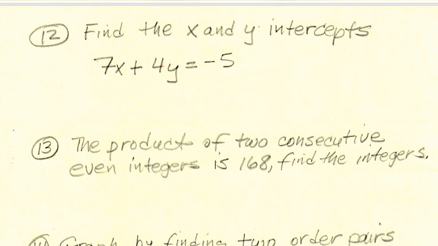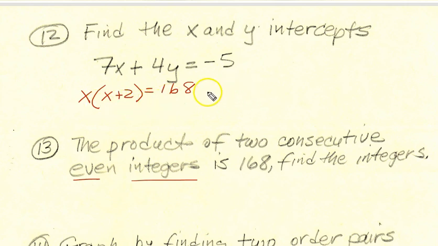All right, let's go on to number 13. We're asked to find the product of 2 consecutive even integers is this. Find the integers. Well, our formula would be if x is 1 integer, then the next consecutive even integer is that integer plus 2, and the product is 168.